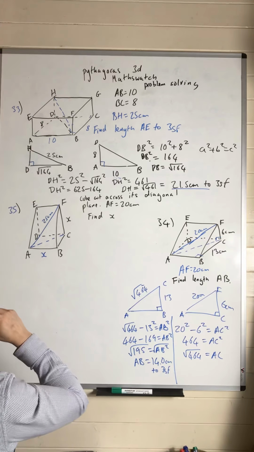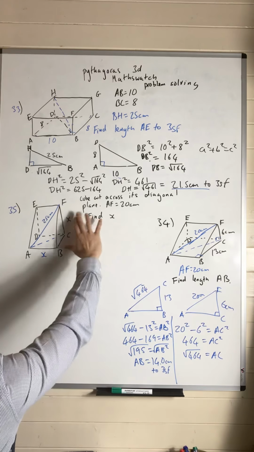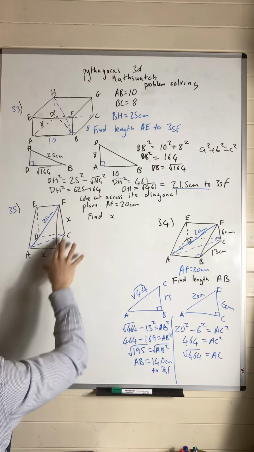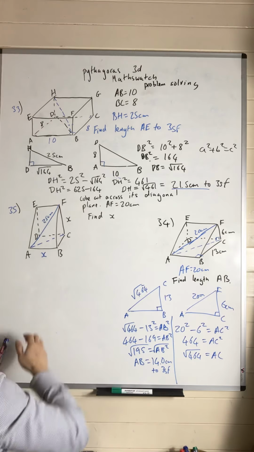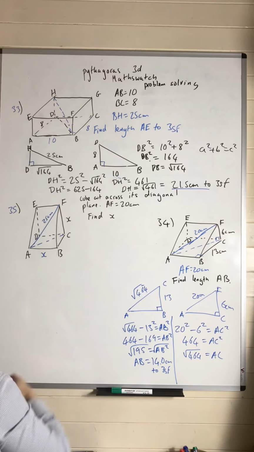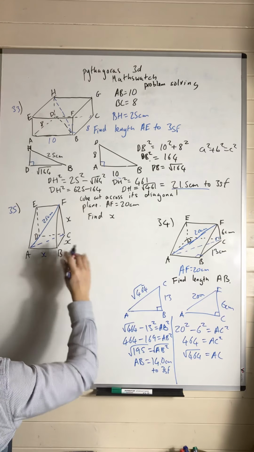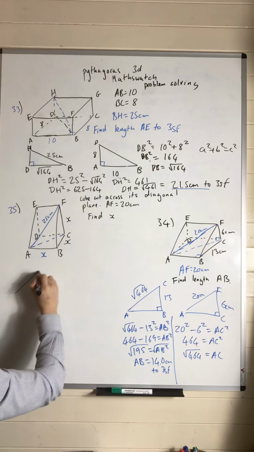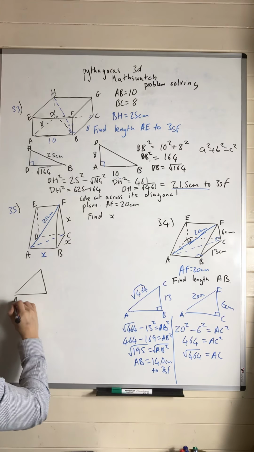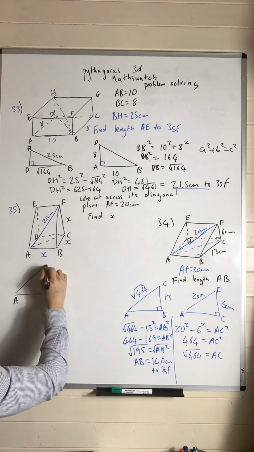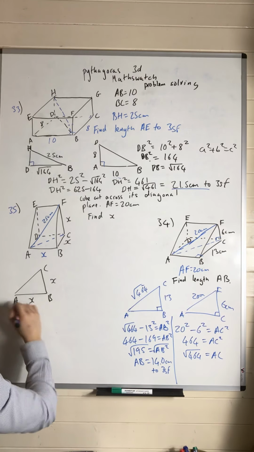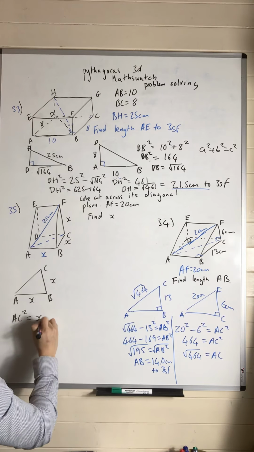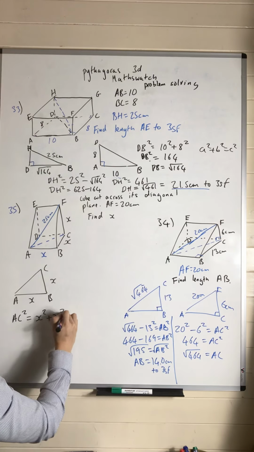Right, this will be in terms of algebra. See how this question, it's a cube cut across its diagonal plane. So this is a cube cut in half, it's not to scale. But I've given x here, well x must be that because it's a cube cut in half. So we split that triangle ABC, that's x and that's x. AC squared must equal x squared plus x squared.